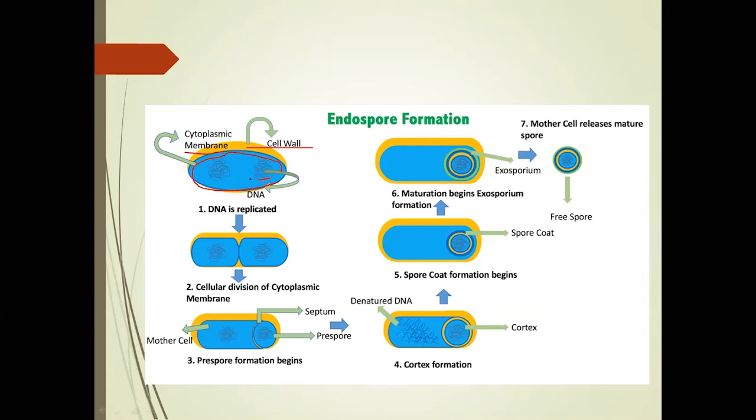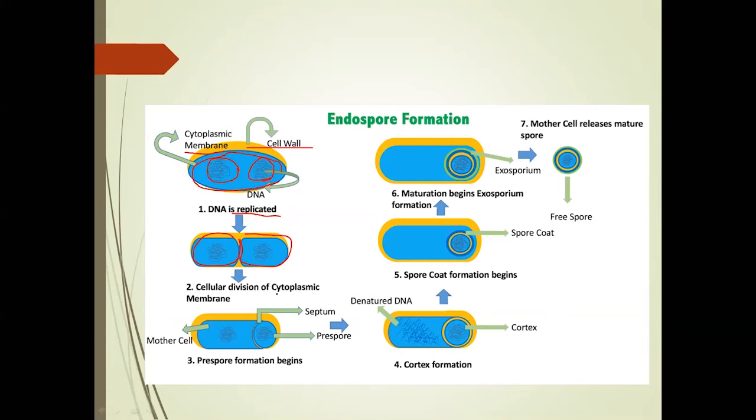The DNA will be copied first, and then they divide into two cells. That normally looks like a normal form here.